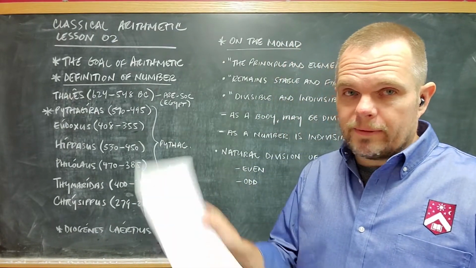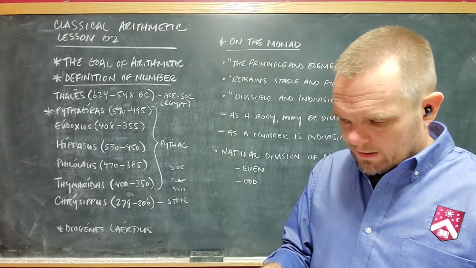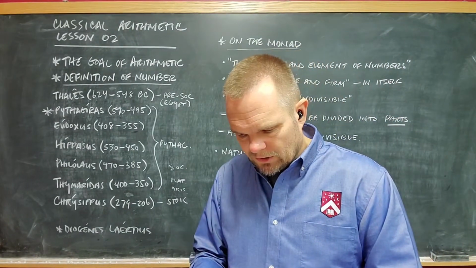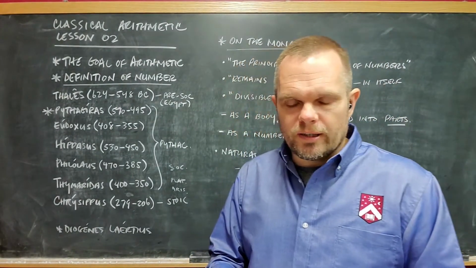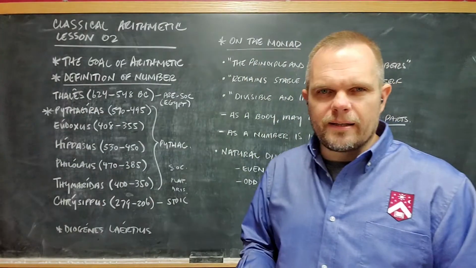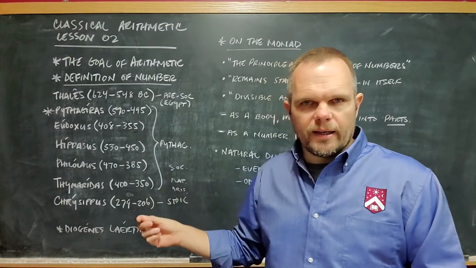I'll read that one more time, and this is just a copy of the lesson here. Pythagoras defined number to be the extension and energy of the spermatic reasons contained in the monad.